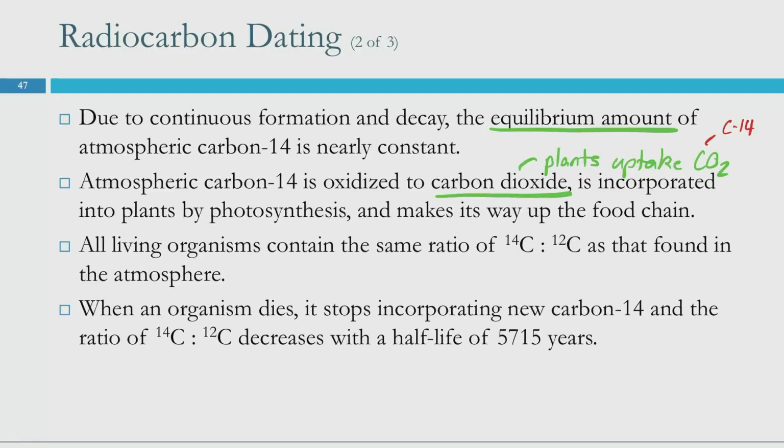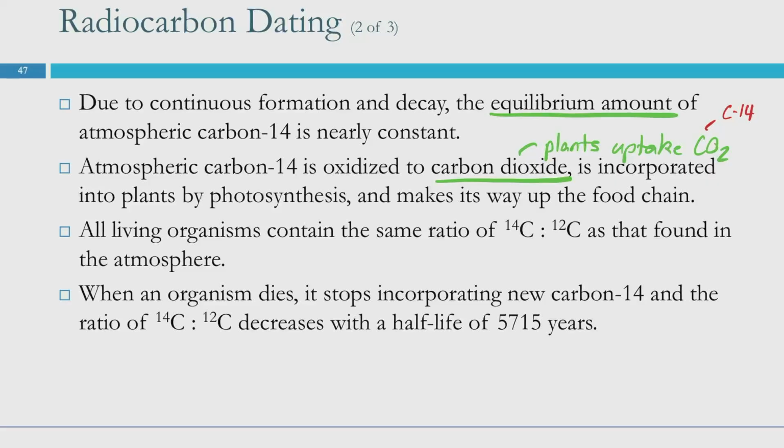And that'll eventually make its way up the food chain, since pretty much everything eats plants or eats things that eat plants. And so all living organisms contain approximately the same ratio of C14 to C12 that's found in the atmosphere.